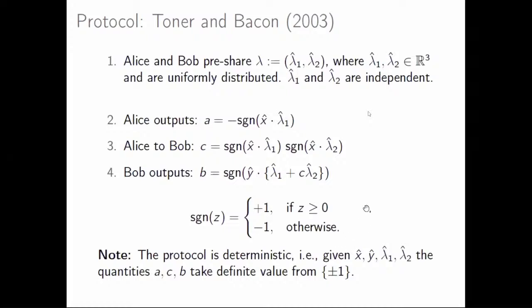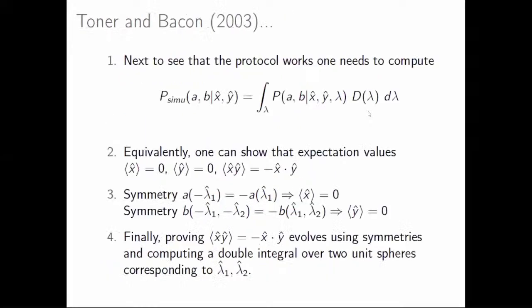With this protocol, if one does the calculations, the goal is to calculate from the protocol this conditional probability, which is the integration of this over lambdas, the shared hidden variables or shared randomness.